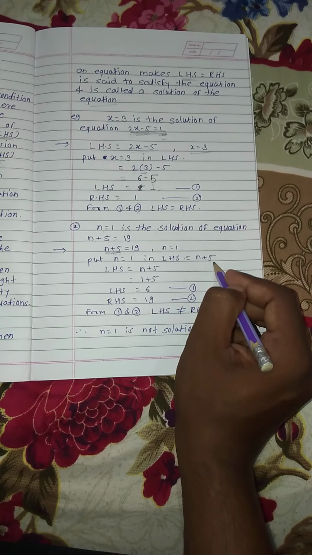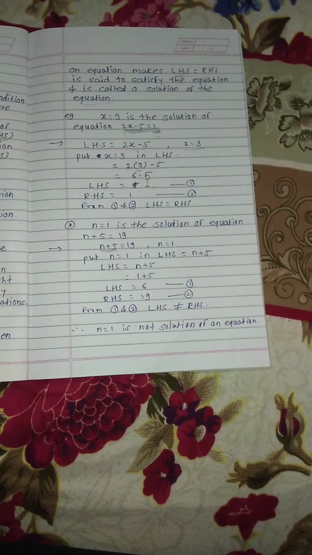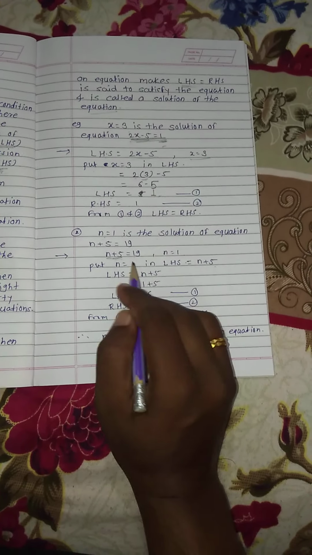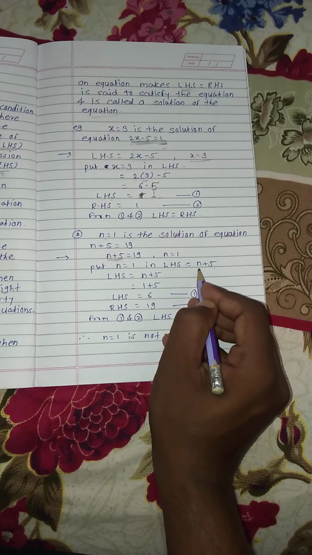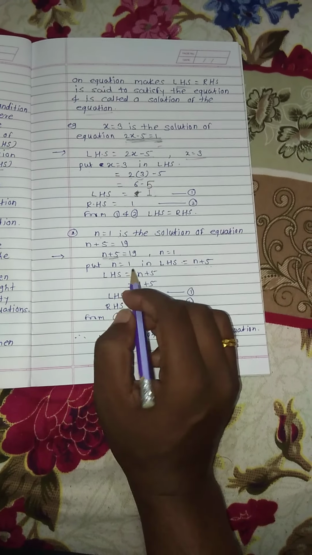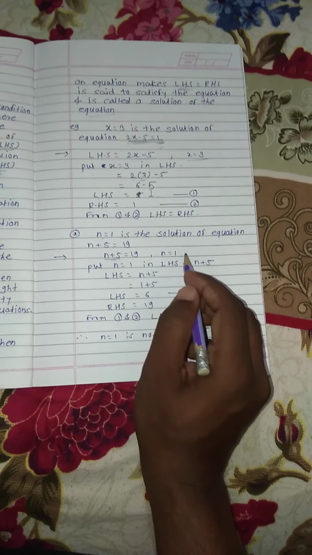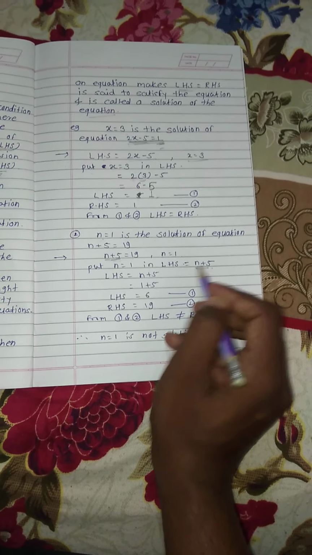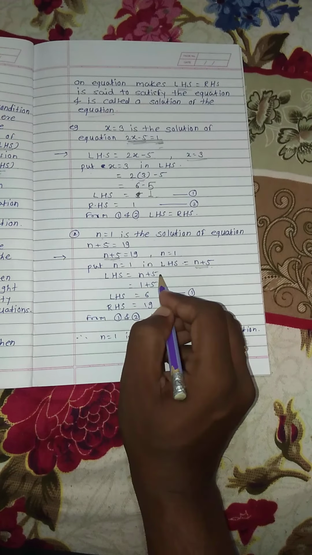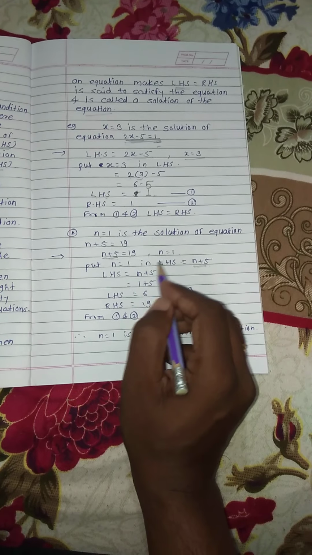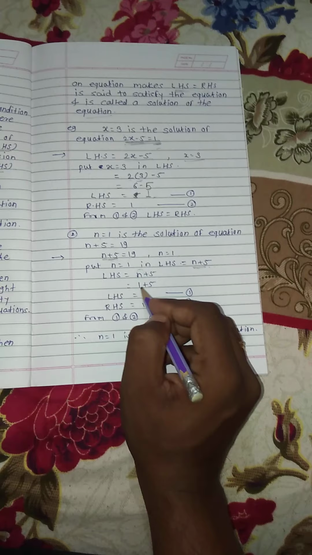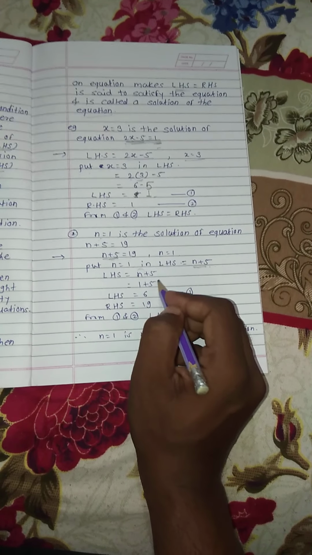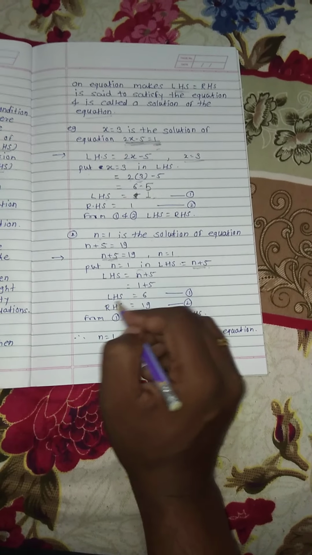LHS is equal to n plus 5. Instead of n, we put 1. 1 plus 5 is equal to 6.